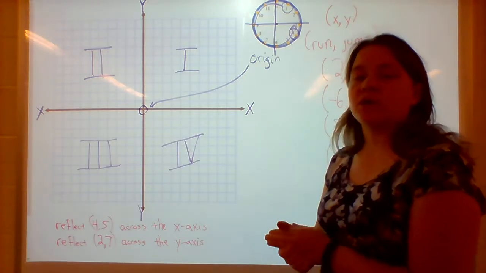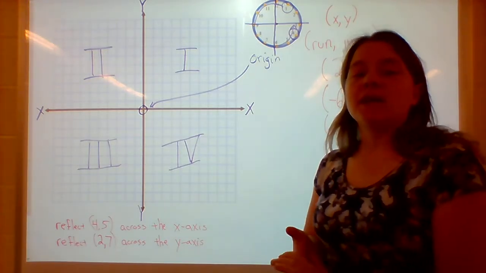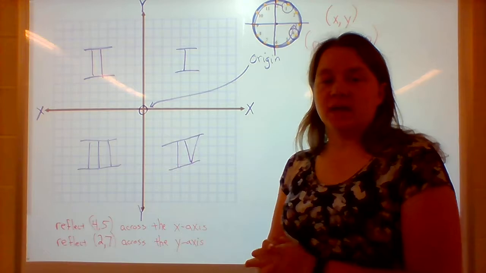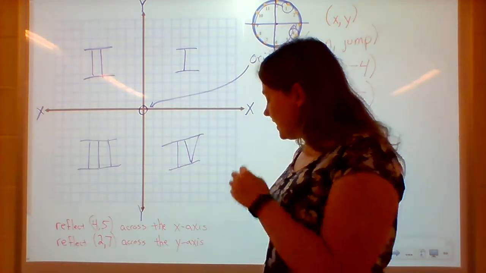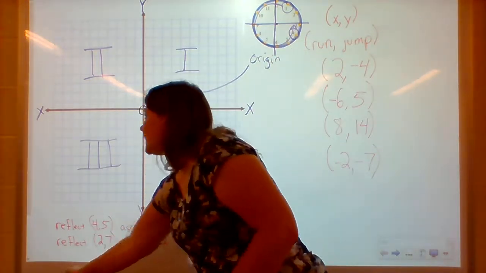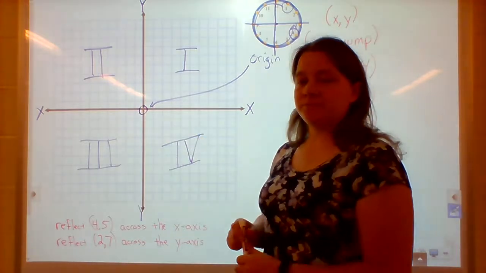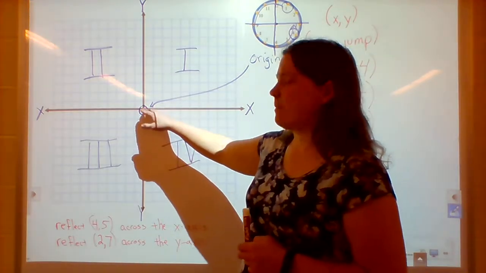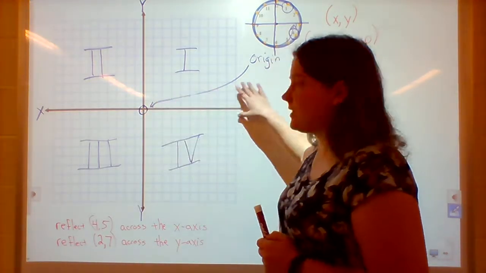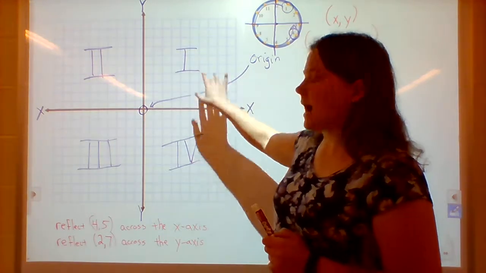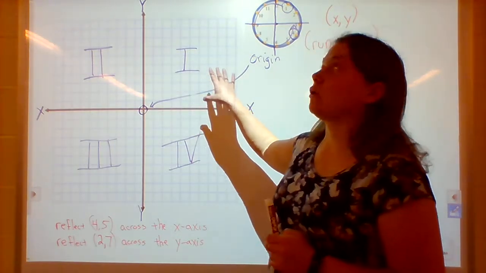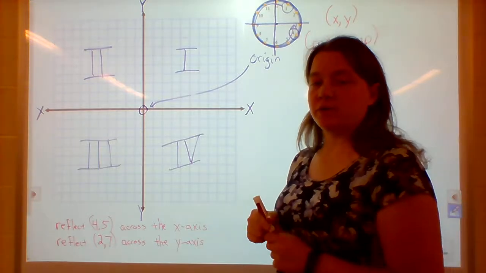And the quadrants are going to tell you the positive or negative sign of any numbers that are in them. Because if I take a number, and if I run in a positive direction, which would be going this way, it's going to be either in quadrant 1 or quadrant 4.